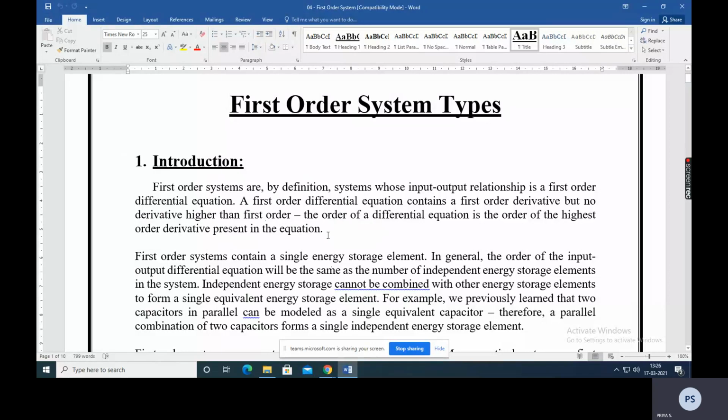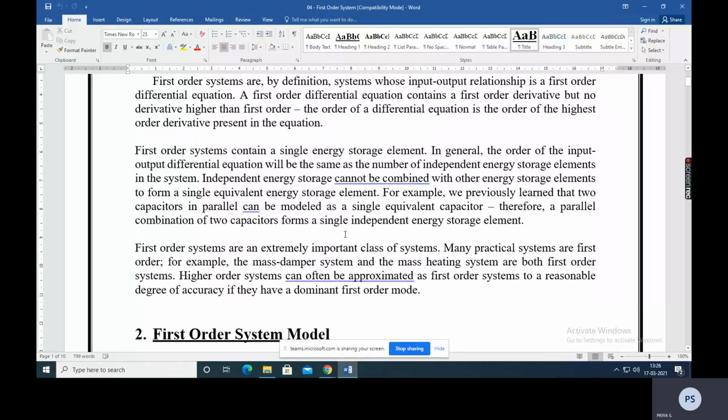If your equation has S square plus 3S plus 4, it is going to be a second order system. So the power of S defines the order of the system, and the highest derivative is the order of the system. How do we get a first order or second order system? If you have a single energy storage element, you get a first order differential equation.